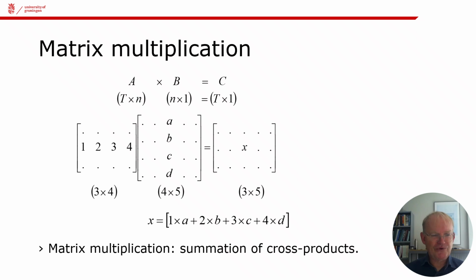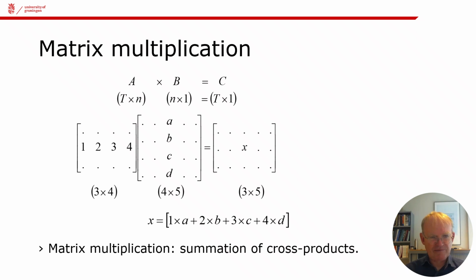So the most important operation is, I would say, the matrix multiplication. And there's a lot to say about that, but essentially you can multiply two matrices with each other. And that's a very weird operation, because what you essentially do is that for the answer you will get a cross product. So let's have a closer look at that.